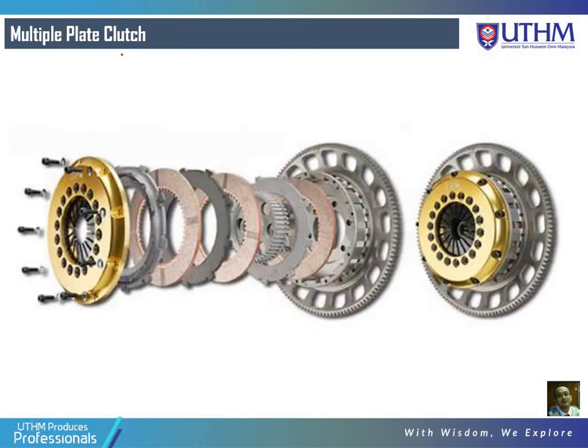Okay, this is the multiple plate clutch, the typical multiple plate clutch. Just now we were talking about the single plate. So this is the first plate, this is the second plate, this is the third plate for the friction material. This is friction material plate 1, 2, and this is friction material 3, whereas this is the metal disc.